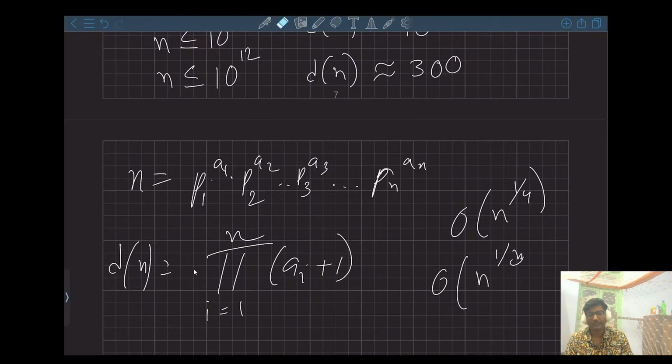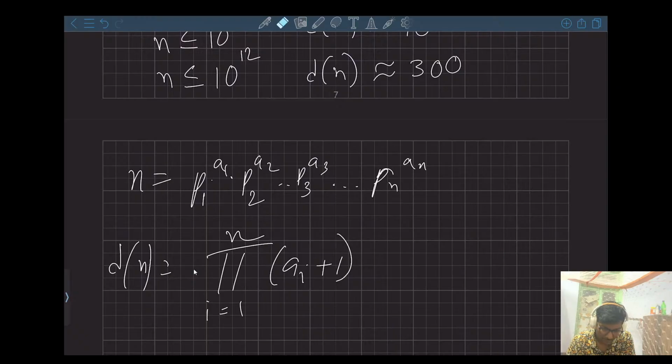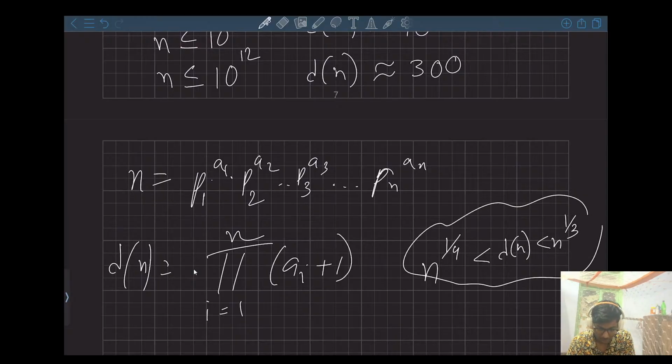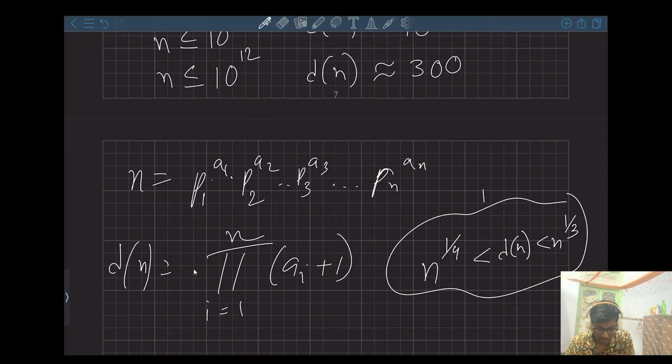But still, it will still be slower. Like, you can say that d(n) is somehow bigger than n to the power 1 by 4, and n to the power 1 by 3. Maybe you can try this, if it satisfies for up to 10 to the power 18.